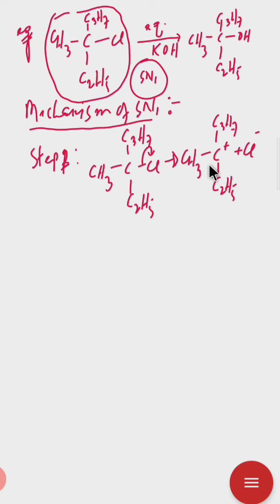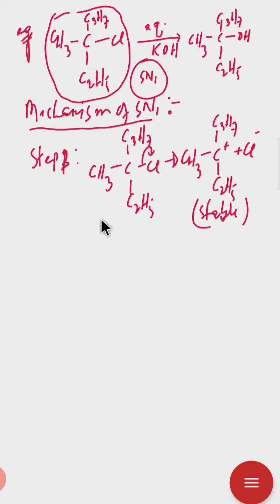Now this carbocation is stable because of the plus I effect of the three alkyl groups and hyperconjugation. So for the SN1 reaction to take place, the carbocation formed must be a stable carbocation.